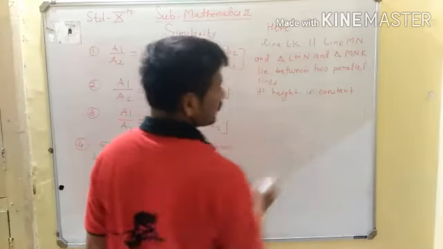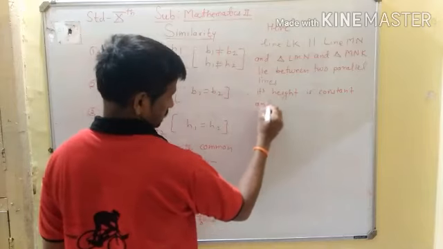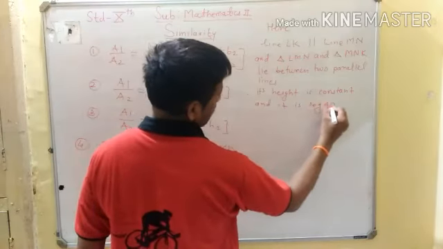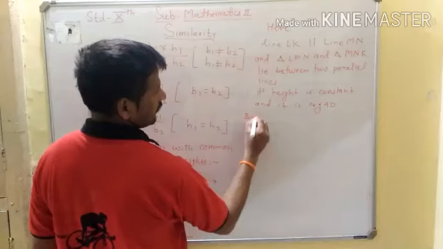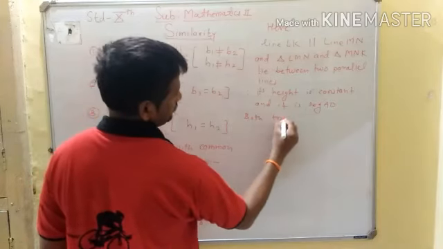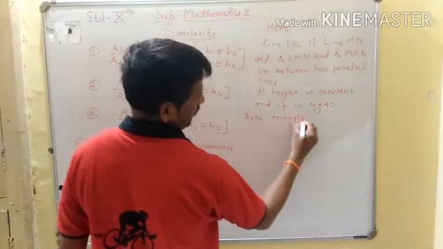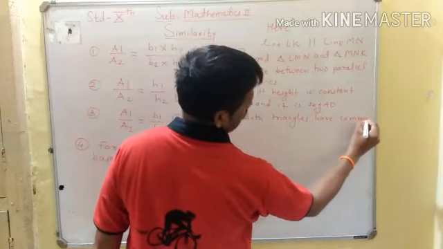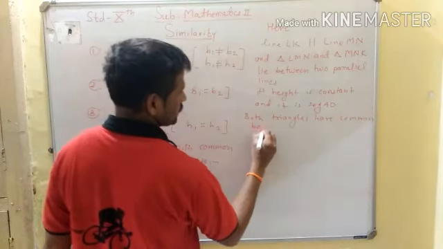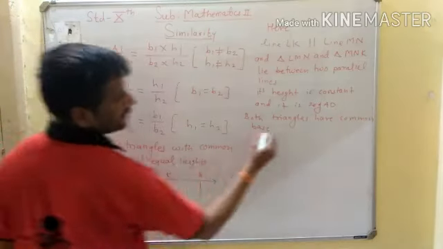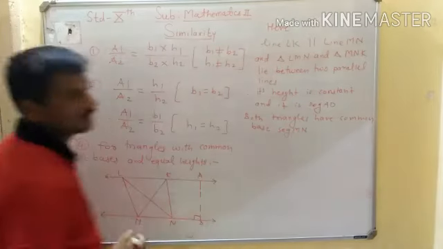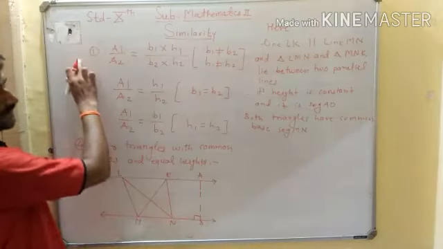Its height is a constant and it is segment AD. Both triangles have a common base. Which is the common base here? Segment MN, correct? Segment MN. Then apply the first property.